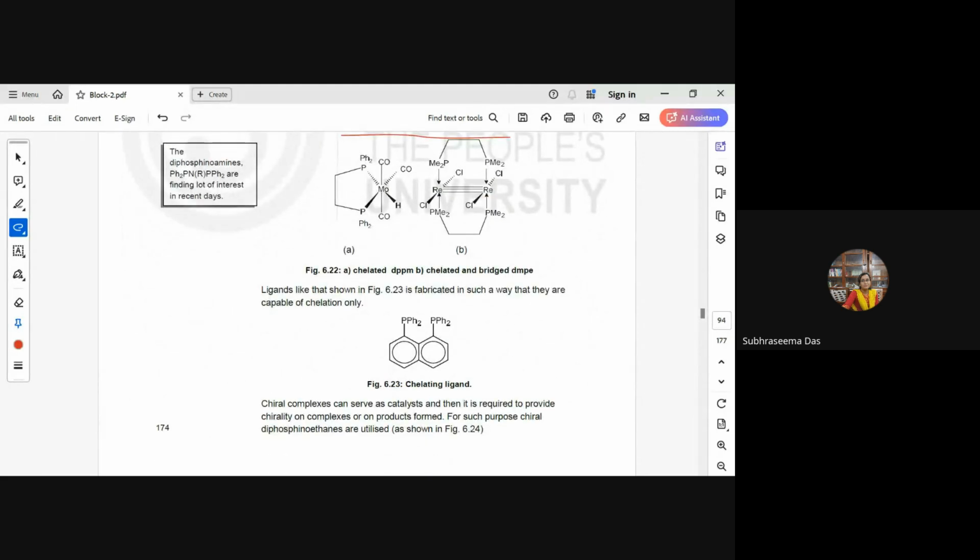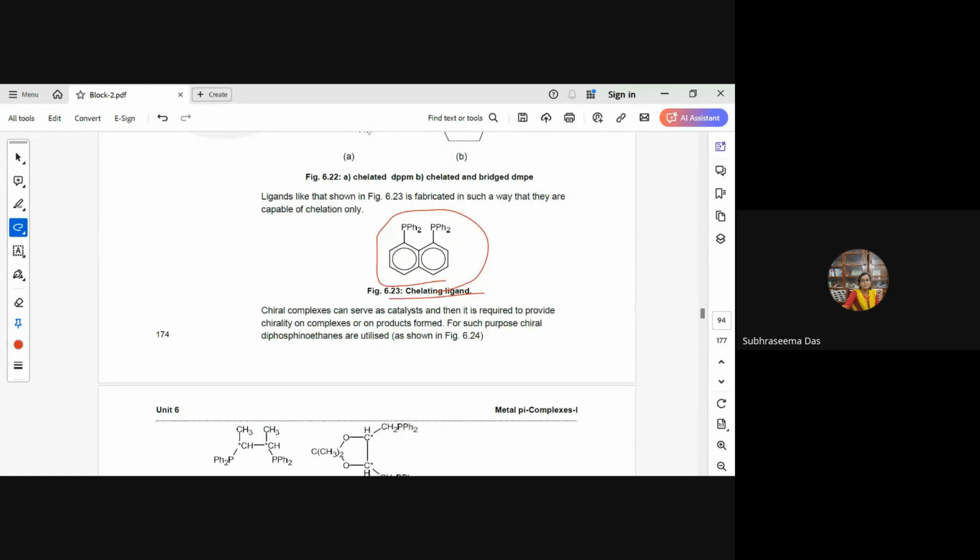In 6.23, the chelating capability of the diphosphine ligands is indicated, so they are capable of chelation. Chiral complexes can serve as catalysts, and it is required to provide chirality on complexes.